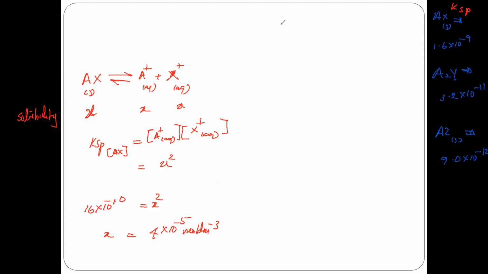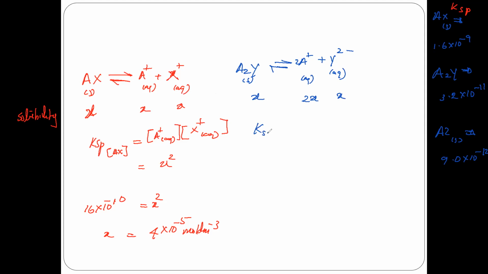Likewise, I'm going to write for the next reaction. A2Y, which is giving 2A plus and Y 2 minus. This is solid, this is aqueous. When you speak about the solubility product, if you say this is x, this is 2x, this is x.